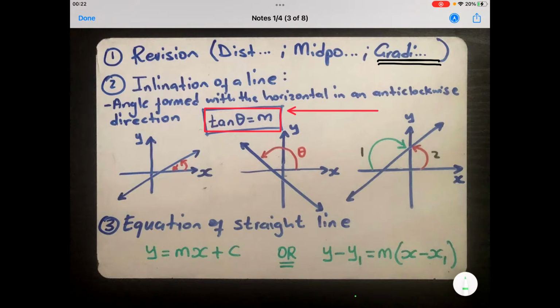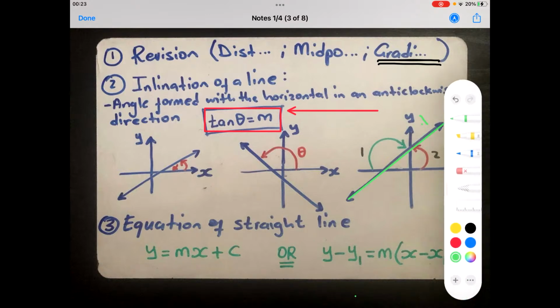Let's maybe refer to that one. You must be having a line, and that line obviously has a gradient, which is going to be a positive gradient. So, obviously, that line is going to have a positive gradient.